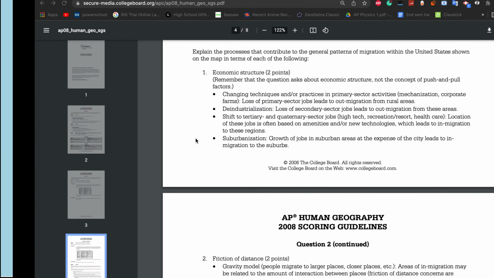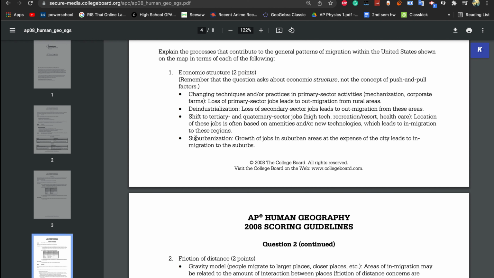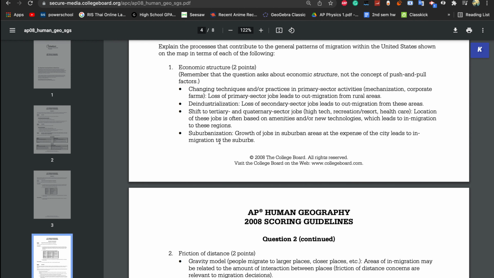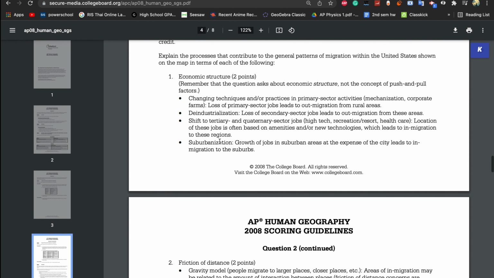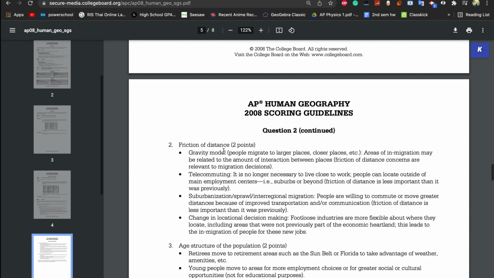So pretty much there are not as many jobs anymore because it's becoming less industrialized, less factories. You can talk about suburbanization, more people moving out into the suburbs instead of going to the cities because cities are expensive. You can talk about that as economic structure.